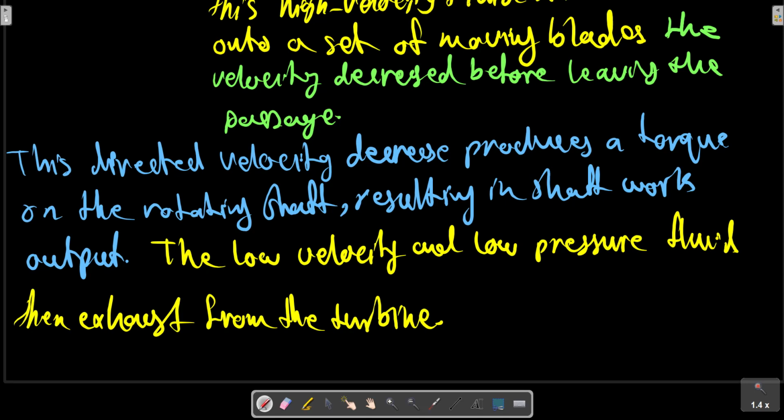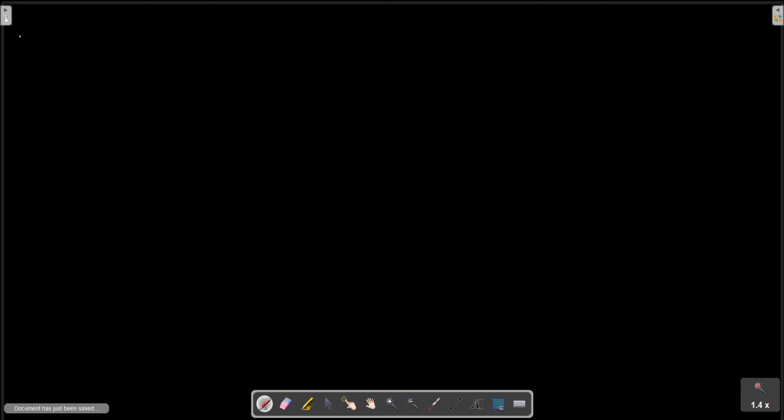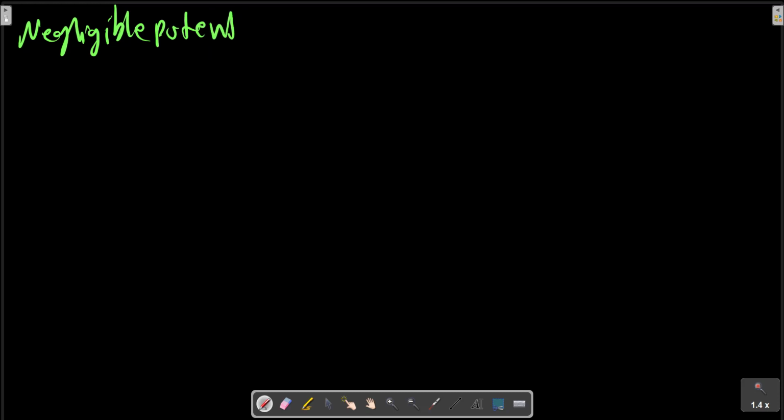In the first law for this process, usually changes in potential energy are negligible, so delta PE equals 0, as is the inlet kinetic energy.